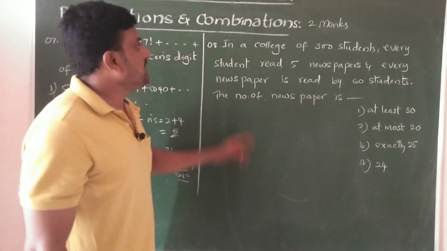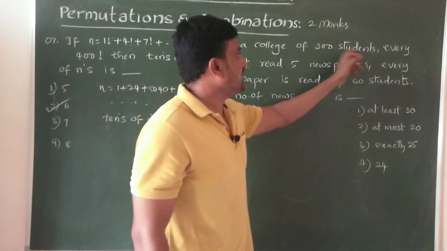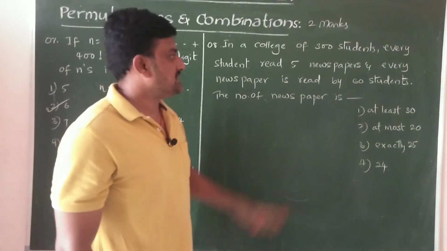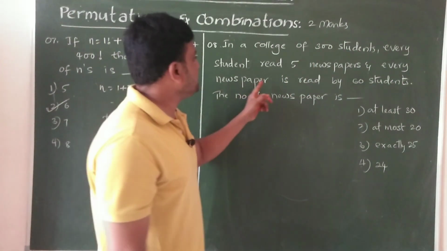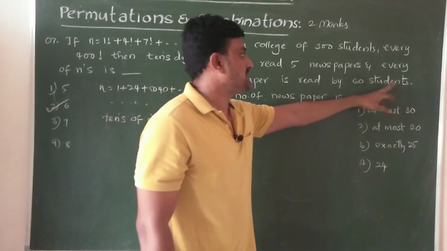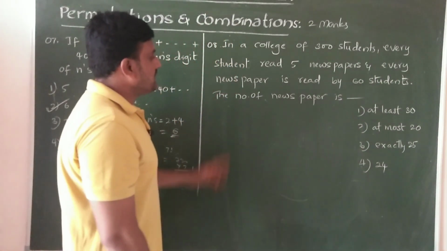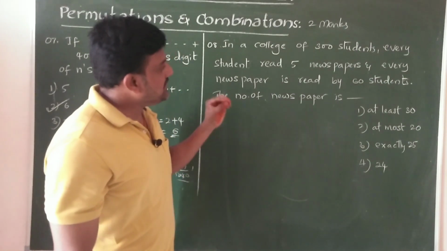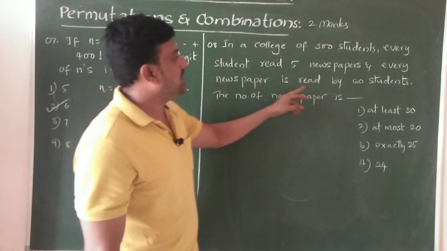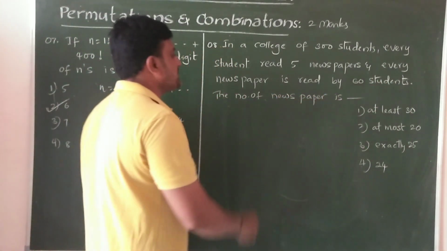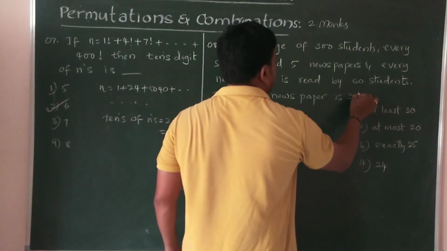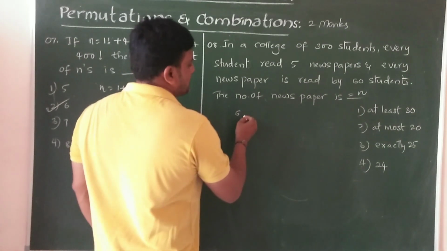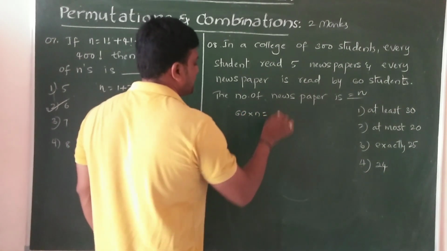Now in a college of 300 students, every student reads 5 newspapers, and every newspaper is read by 60 students. The number of newspapers is what? Every newspaper is read by 60 students. Suppose the number of newspapers equals n, then 60 into n.